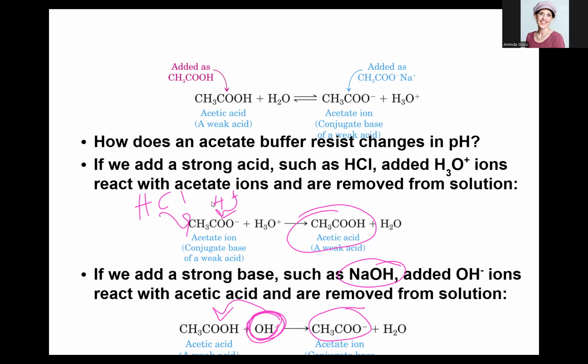So it's not going to change the pH as much because you're pairing those extra ions you're adding, whether it be the hydronium ions or the hydroxide ions, with either the acetic acid or the acetate ions, and you're making water plus a weak acid, which won't affect the pH as much, or water and an acetate ion.